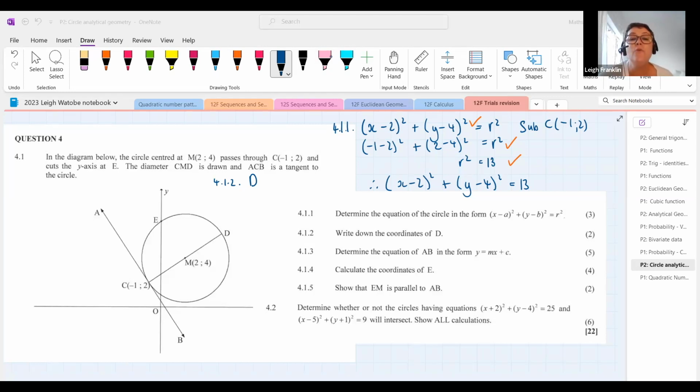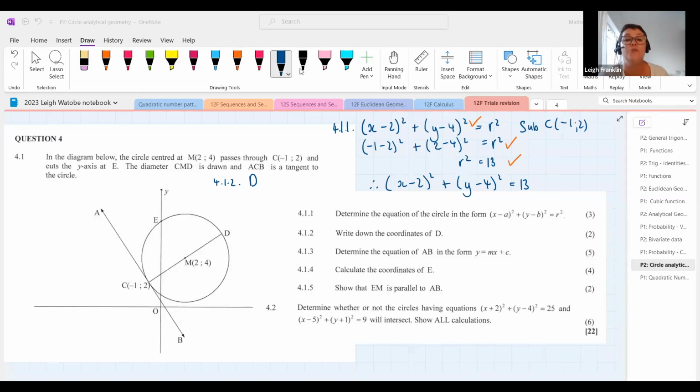Okay, if the question says write down, they're implying that there's not really a calculation involved. It's only out of 2 marks. But here we should be able to do this using a quick and easy method. Let's just see, midpoint formula.